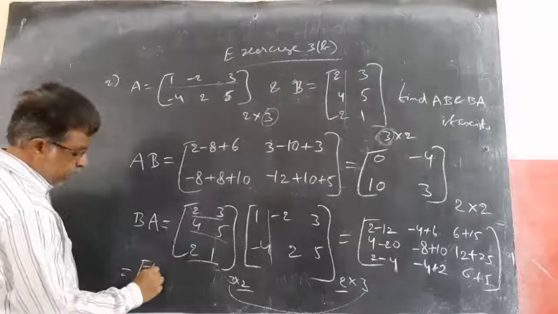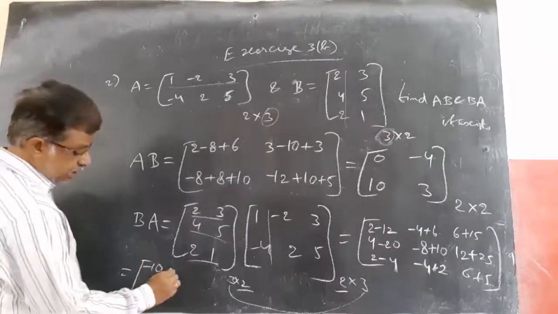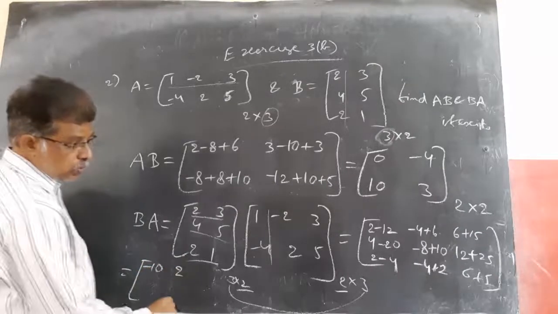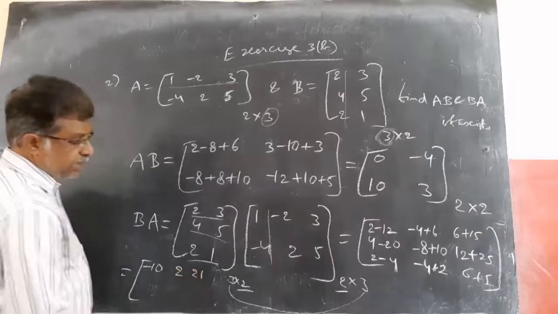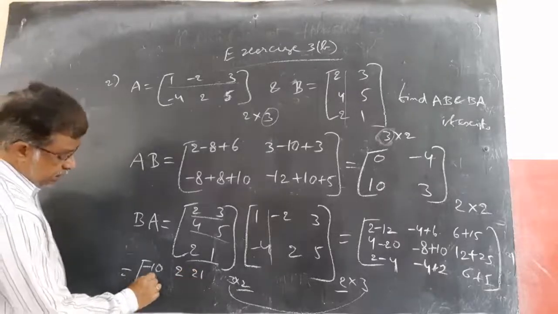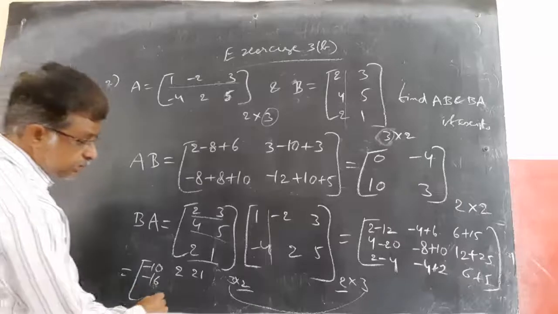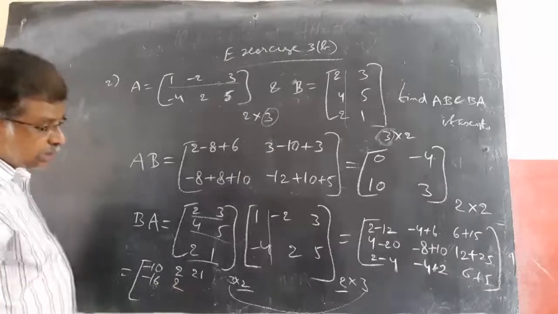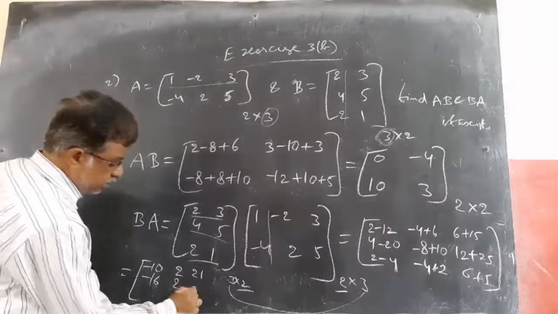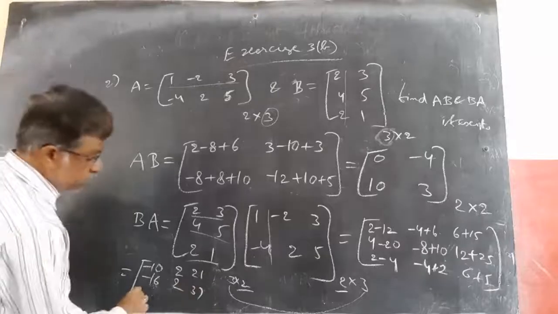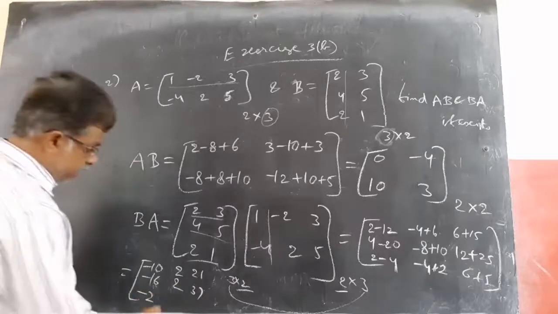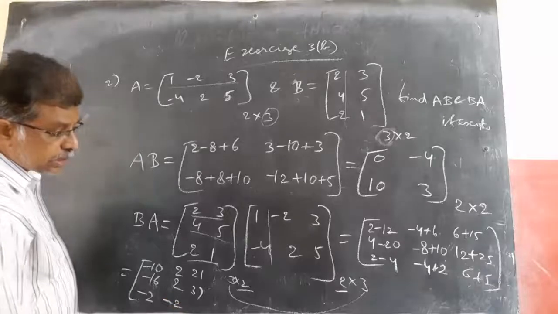2 minus 12 minus 10, and that is 6 minus 4 2, 6 plus 15 21, and this is minus 16, and this is 2 plus 2, and this is 37, and this is minus 2, again minus 2, and this is 6 plus 5 11.